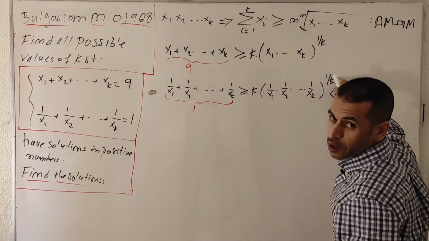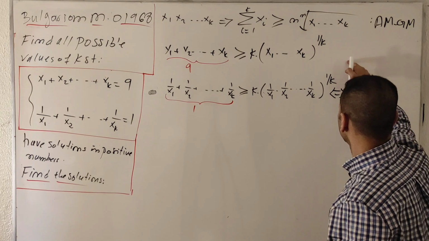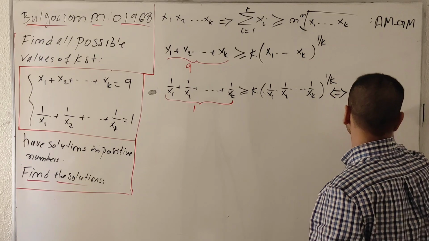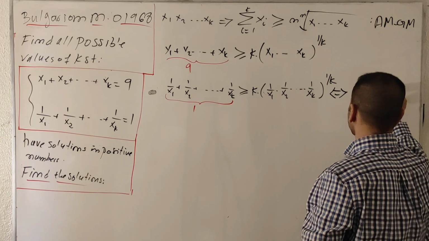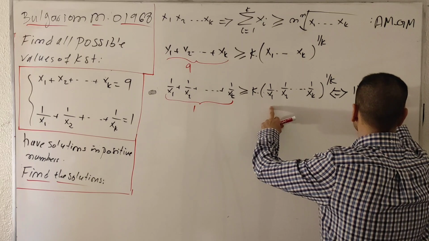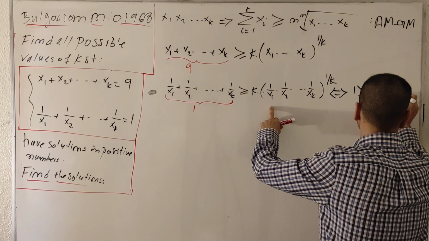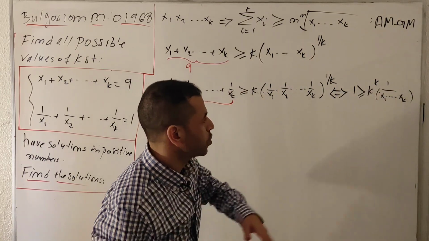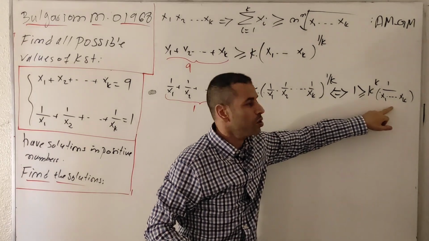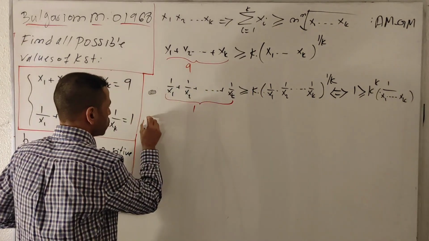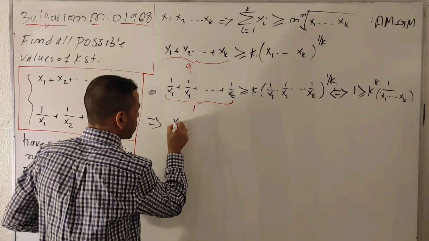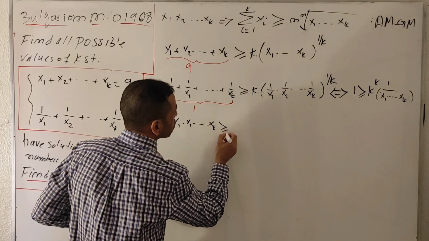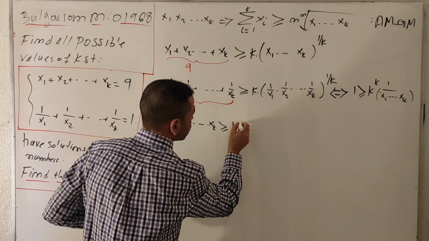The exponent 1 over k will be cancelled out because it was raised to the k as an exponent, so this is multiplied by 1 over x1 and all the way down to xk. Now I'm going to multiply both sides by this product x1 through xk. So I will have x1 multiplied by x2 and all the way down to xk is greater than or equal to k to the k.